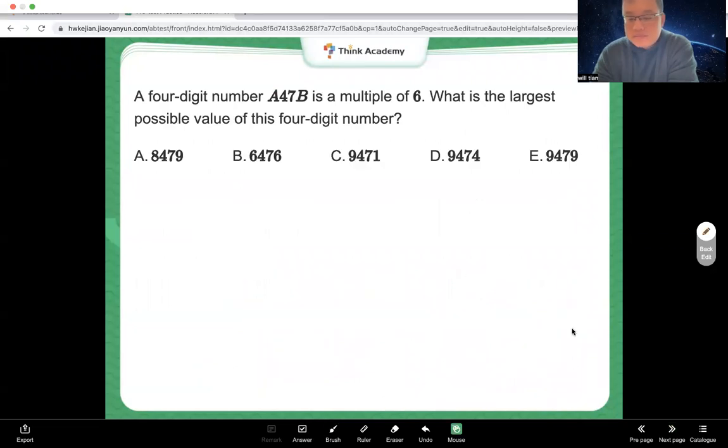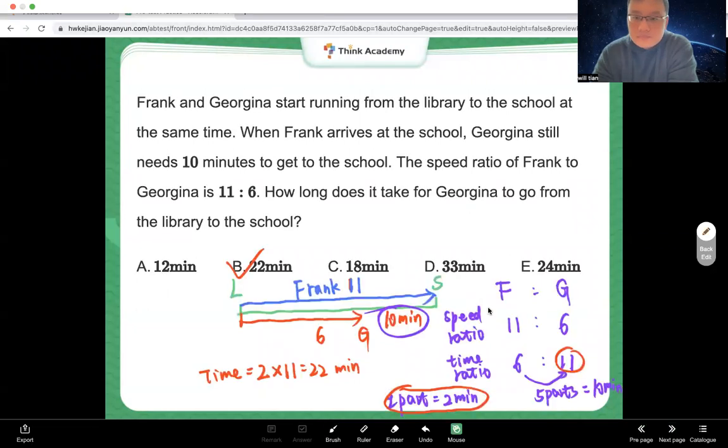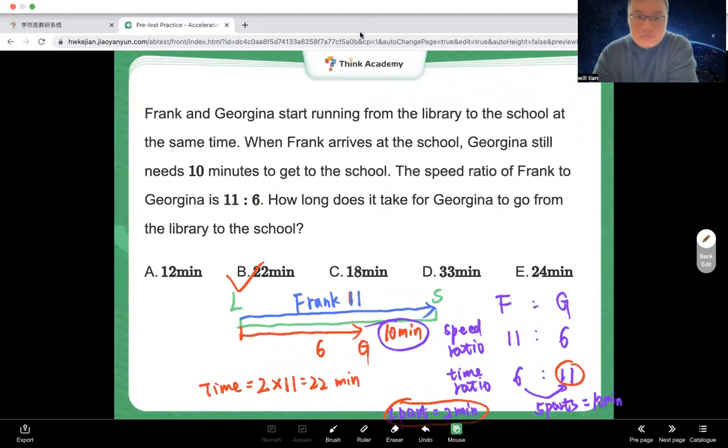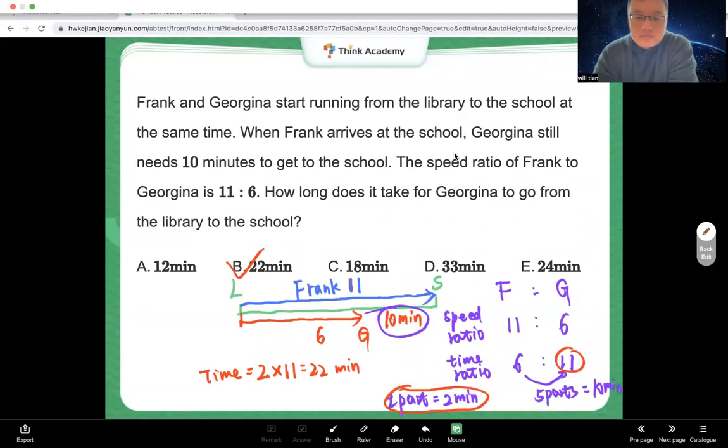Yes, Harry. For that last question, why did you have to do 11 times 2? Since we figured out that the time ratio, F to G, is 6 to 11, you know the difference is going to be 5 parts. And 5 parts is basically 10 minutes, so one part equals 2 minutes, right?